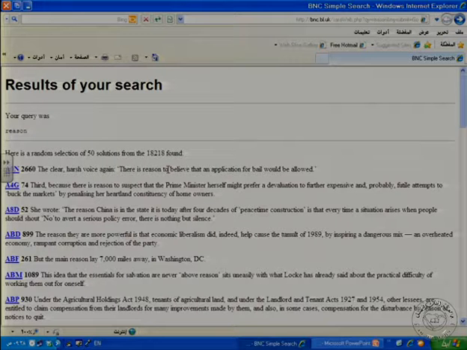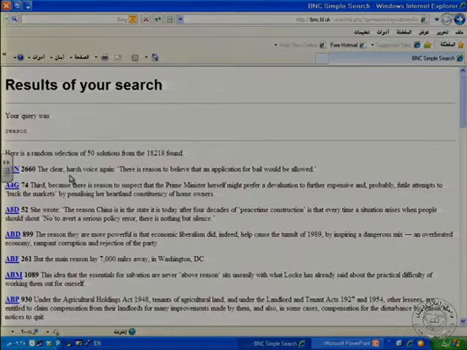So this is only 50 sentences with the word reason from different sources. This means each one is coming from a different source known by the British National Corpus. The BNC people gave a code for each sentence to know what the source of that sentence is.